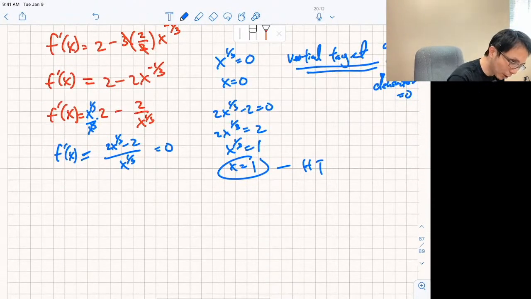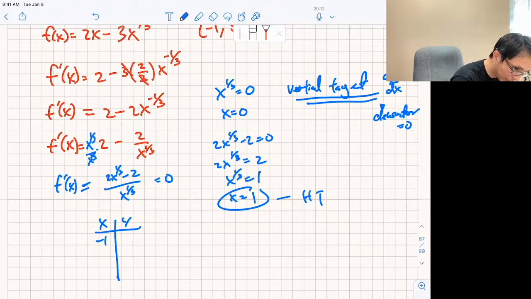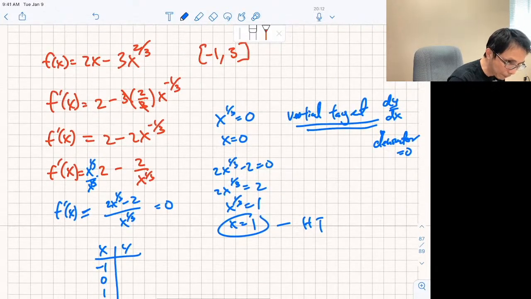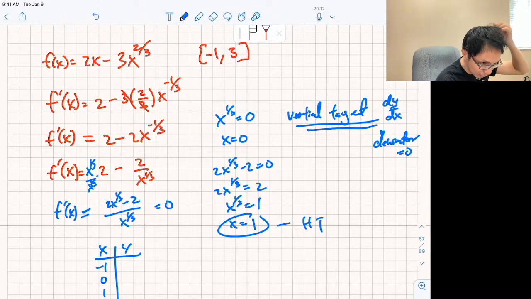Then I have to plug in all the values. How many values am I going to plug in? -1, 0, 1, and 3. If I plug in -1, what am I going to get? Something to the 2/3 power makes it positive. -5.